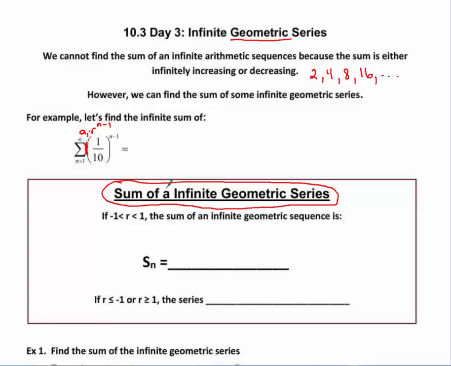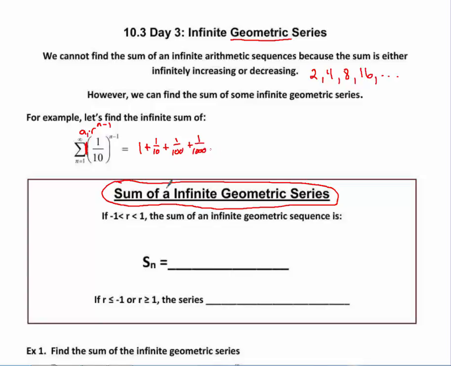So we're going to take this series and add up all the terms. So a sub 1 is 1, plus 1/10. And then a sub 3 is going to be 1 over 10 squared, so it's 1 over 100, plus 1 over 1,000.